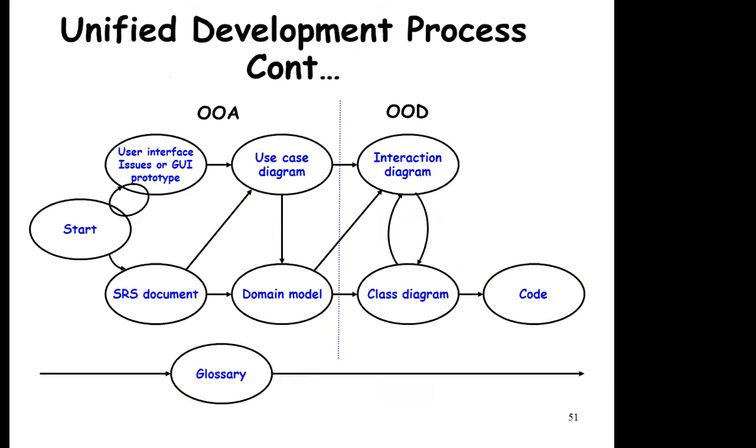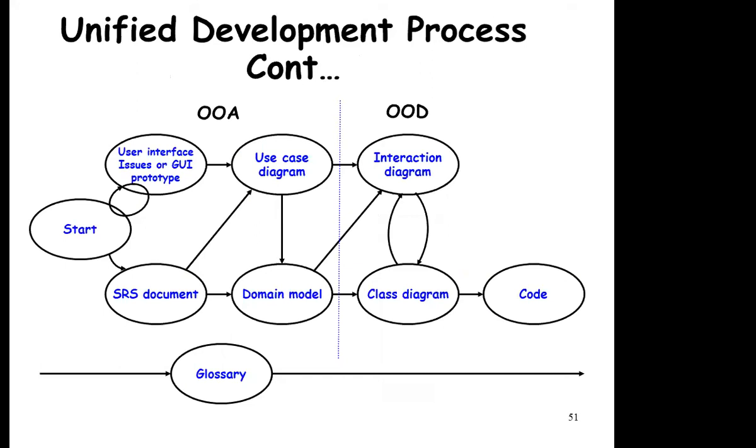So this is the overall process of the unified development process, that is, object oriented analysis and object oriented design. There is a dashed line in between. You can go through what is done in analysis and what is done in design. As we have already done the topic of structured analysis and structured design, I will not repeat it again.